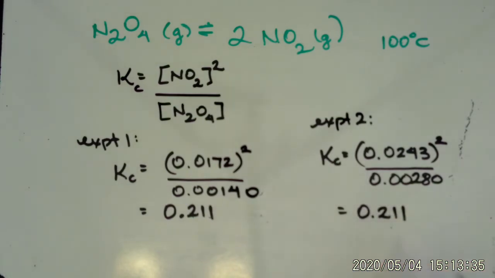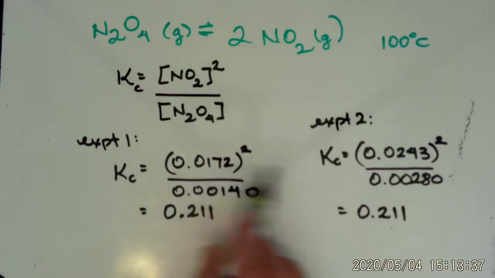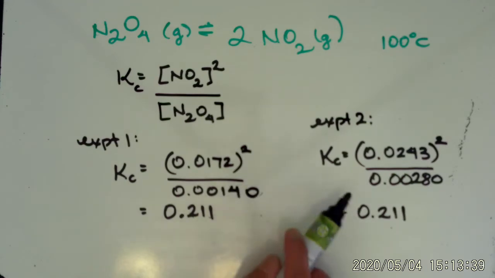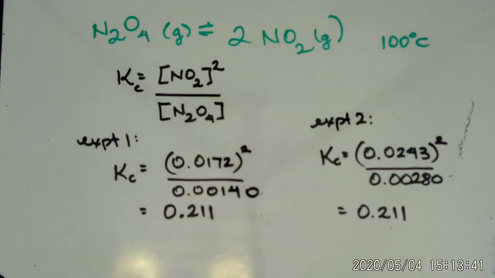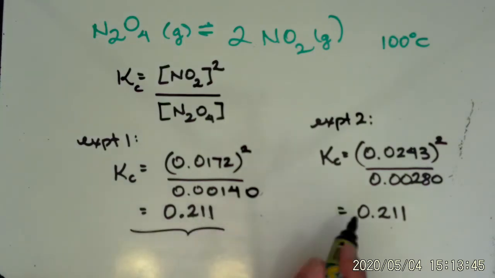Okay, so you can see that regardless, if I'm at equilibrium, even though I have different concentrations, because I started off with different amounts of material, my equilibrium constant's the same.